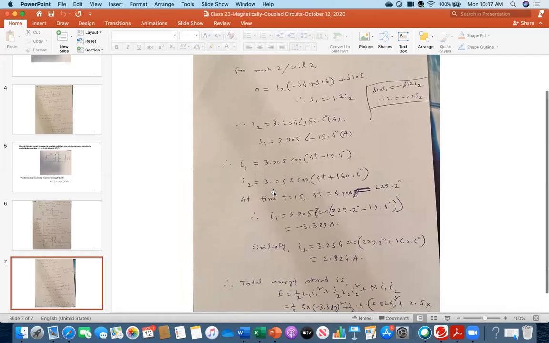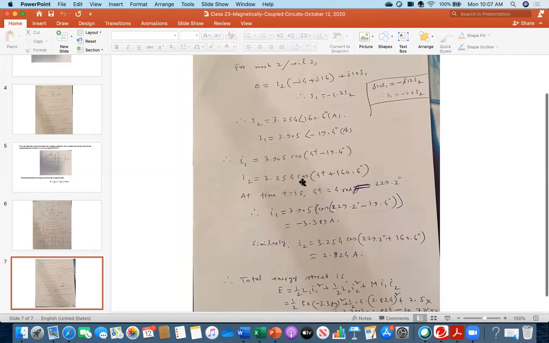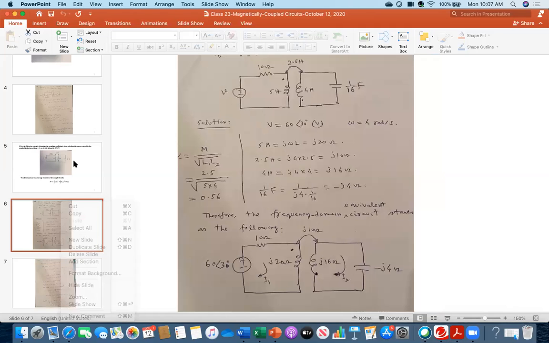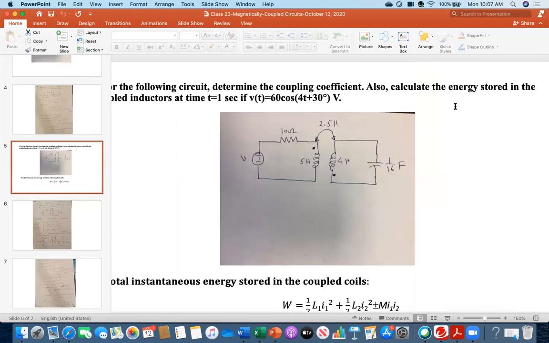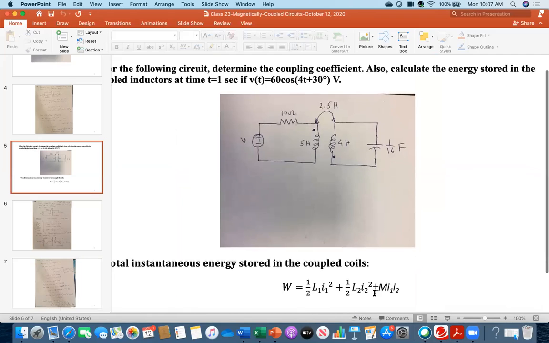But the actual question was to calculate the energy stored of the two coils. This means I have to use this equation, and it will be plus sign, because we noticed this current is entering the dotted point and I2 was also entering the dot. So it will be plus sign here, plus M I1 I2.